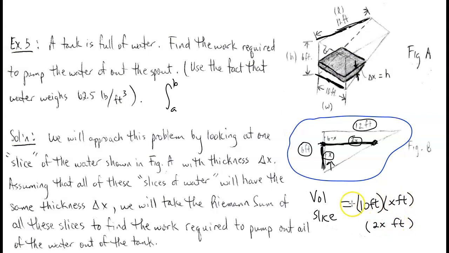If we multiply all that together, that will give us the actual volume of that slice of water at a given level of X feet above the bottom of the tank at any given time.